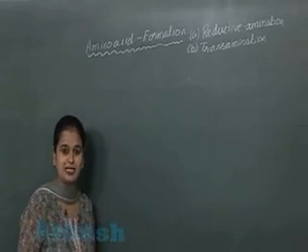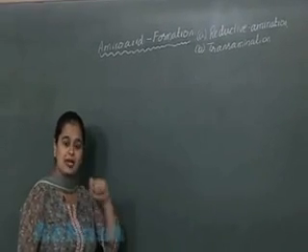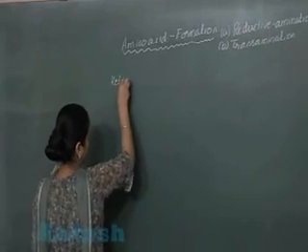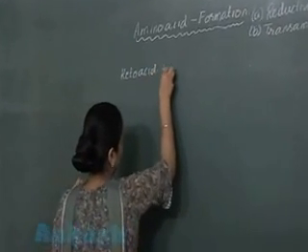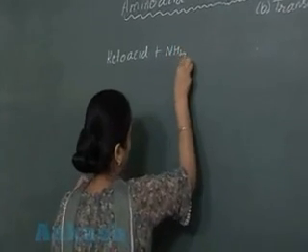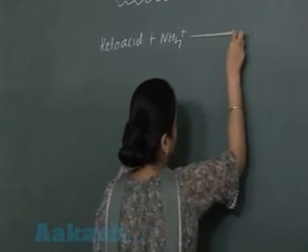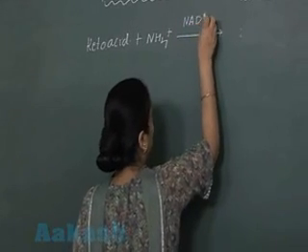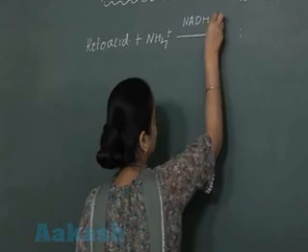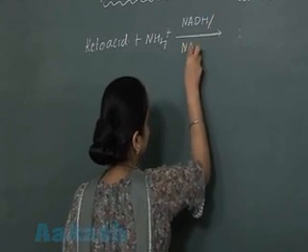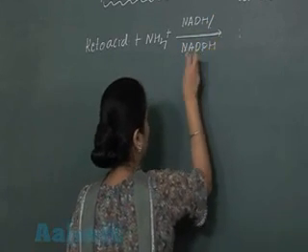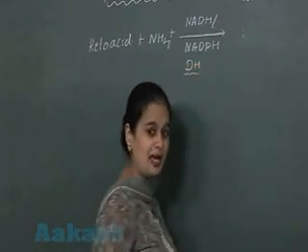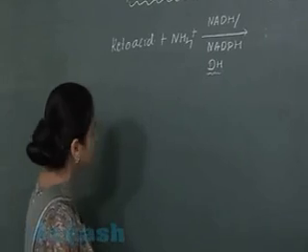In the reductive amination, keto acids react with the ammonium ions in the presence of reducing power, that is NADH or NADPH. And there is requirement of dehydrogenase enzyme. For the dehydrogenase enzyme, I will be writing DH here.